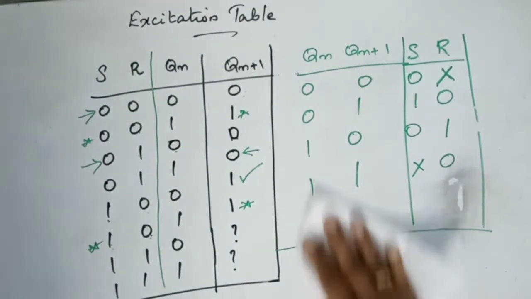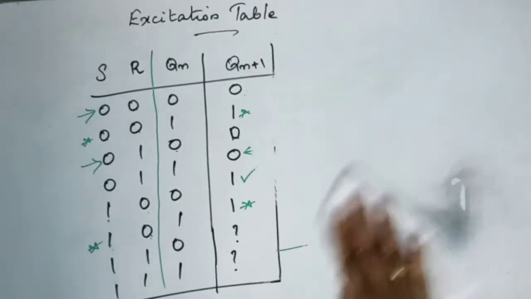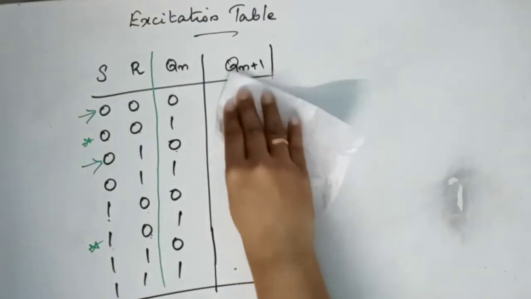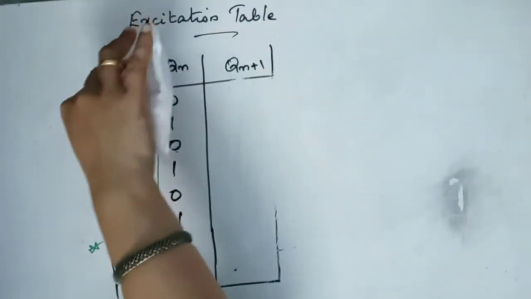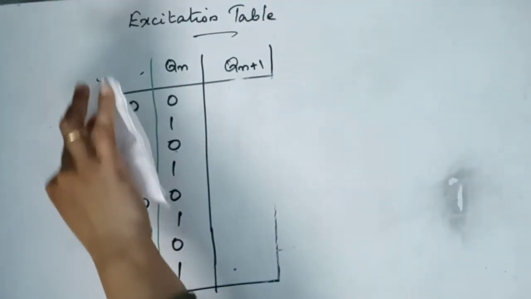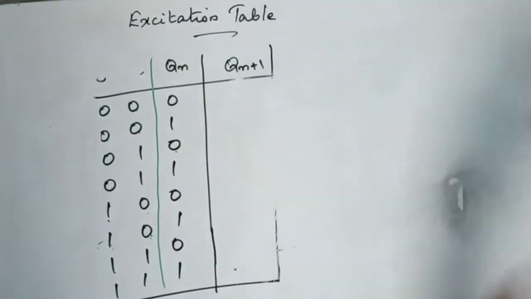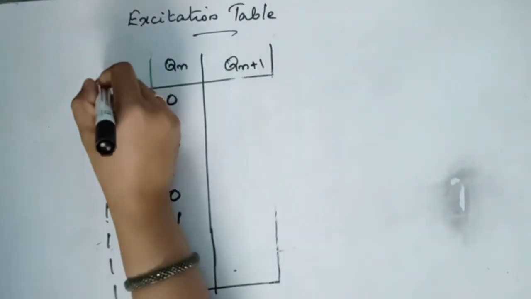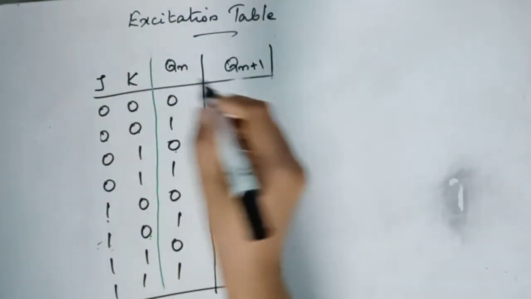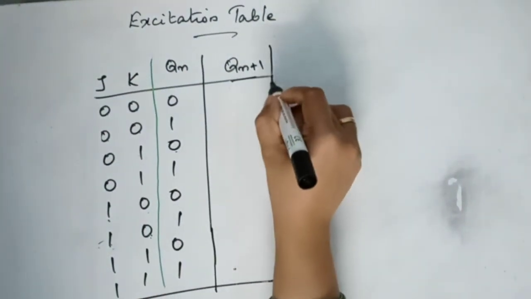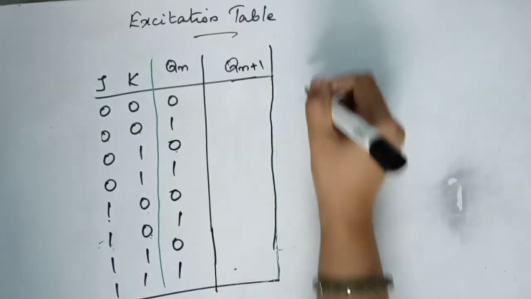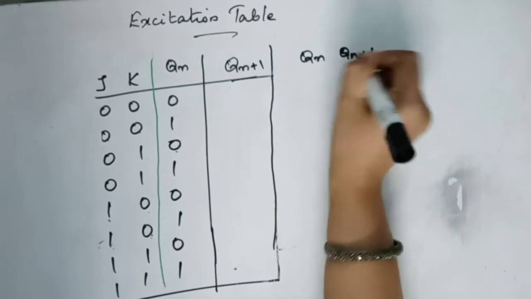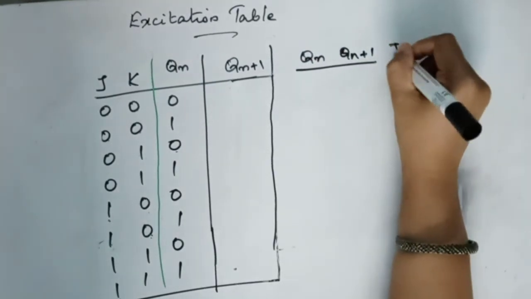Now next we will write that of the JK flip-flop. So JK, Qn, Qn plus 1.